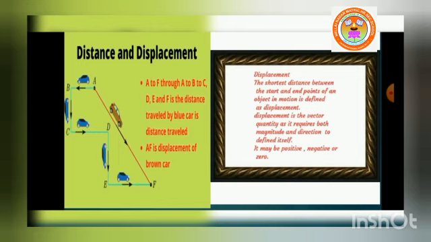The shortest distance between the start and end points of an object in motion is defined as displacement. Displacement is a vector quantity as it requires both magnitude and direction. We know that, children, a vector quantity means it has both magnitude and direction to define itself. It may be positive, negative or zero.